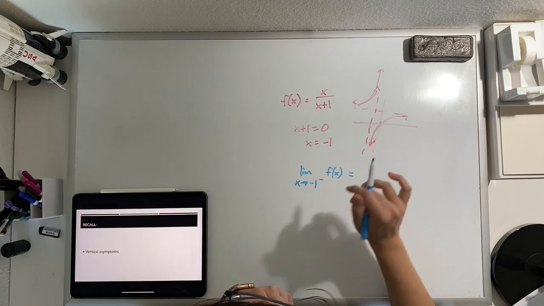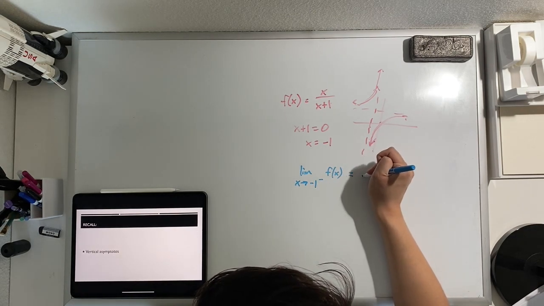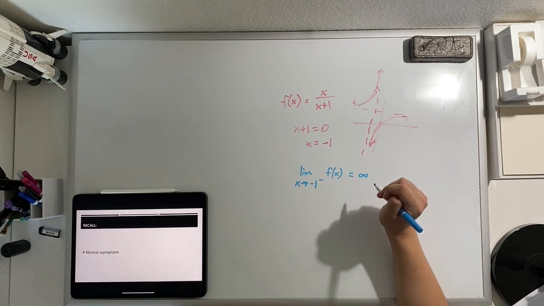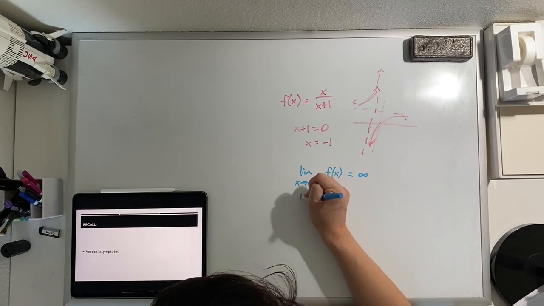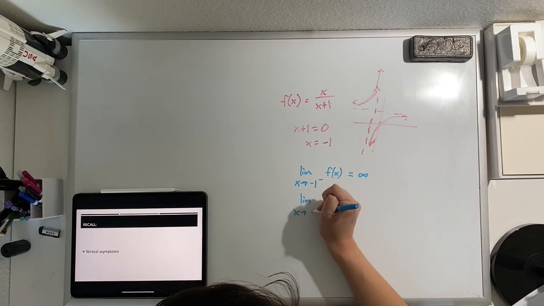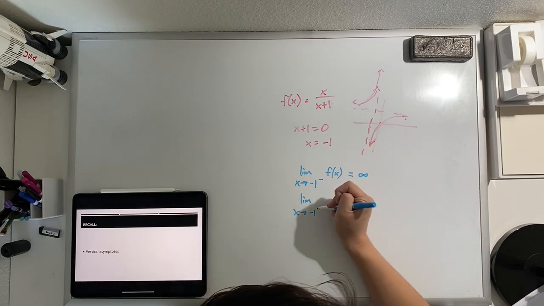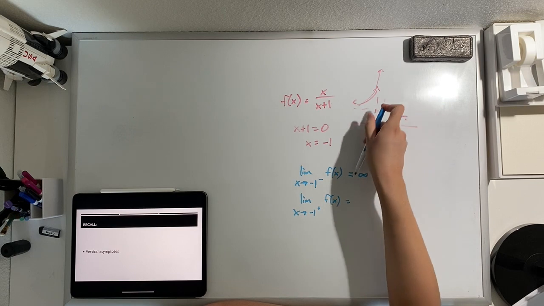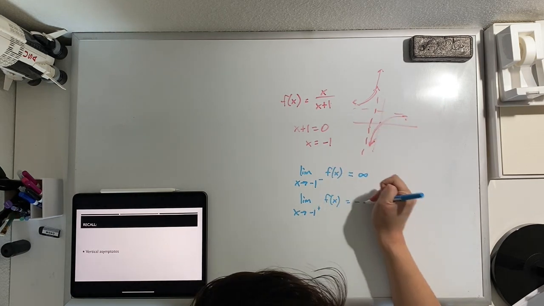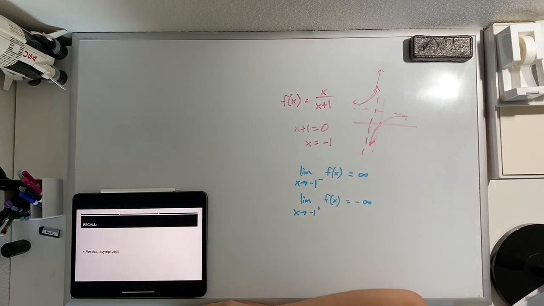We're going up forever, so we approach positive infinity. From the right, the limit as x approaches -1 from the right of f of x, we're approaching negative infinity.